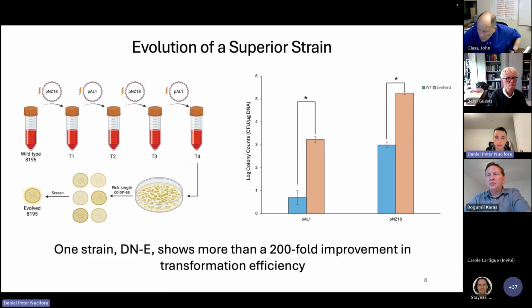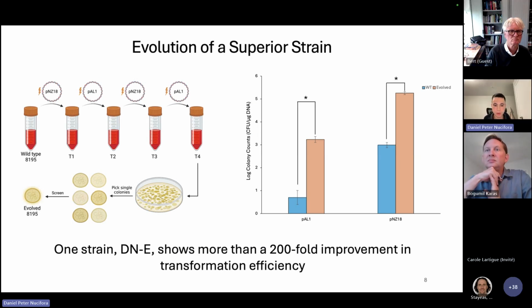And although we did get some decent transformation efficiencies when first starting out with Acholeplasma, if we can establish a higher transformation efficiency, then we may be able to deliver more complex or larger constructs in the future. And towards this goal, I subjected wild type 8195 to an evolution approach where I transformed and cured the plasmid several times.